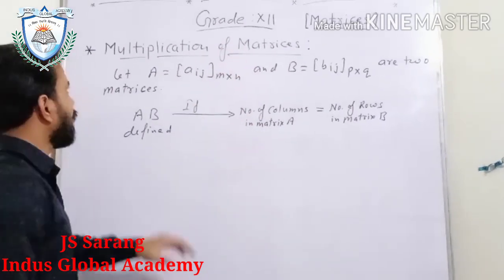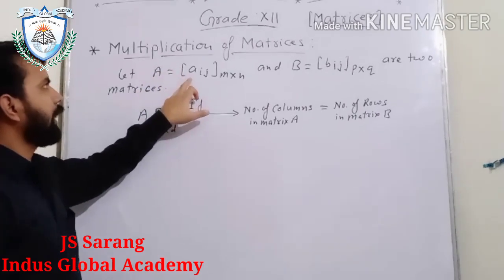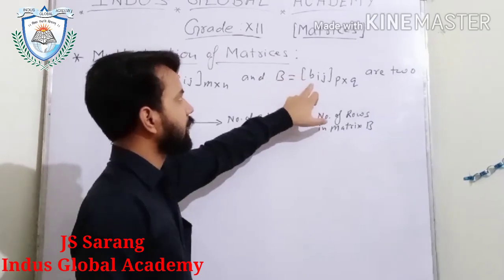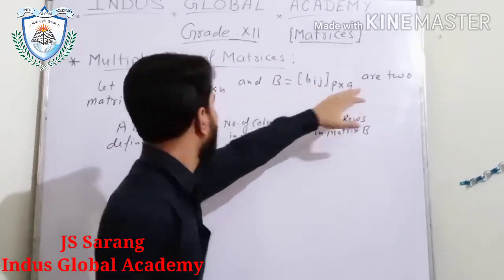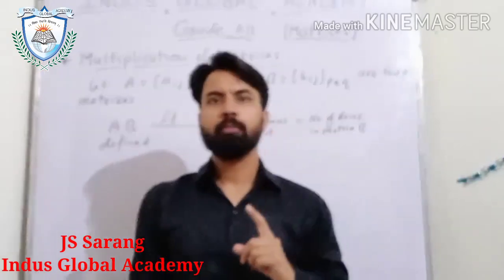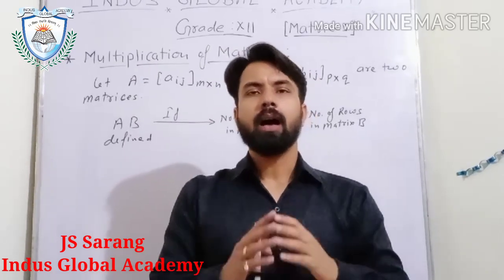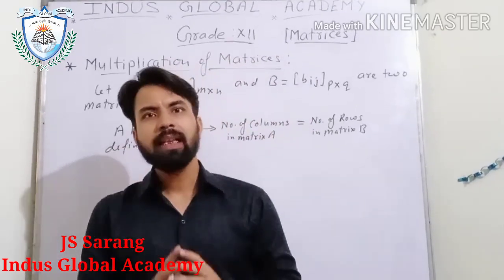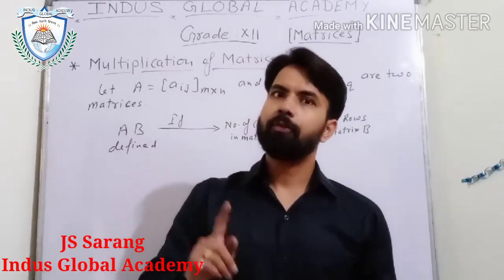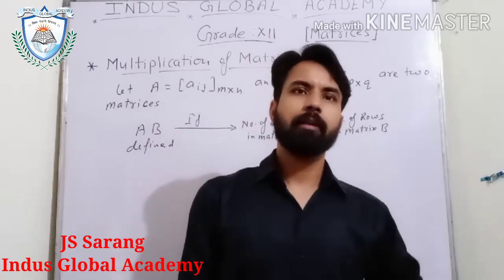So students, I considered here there are two matrices: A, Aij of order m by n, and another matrix B, that is Bij of order p by q. Then one thing you always have to keep in your mind: the product of two matrices is possible only when the number of columns of the first matrix is equal to the number of rows in the second matrix.